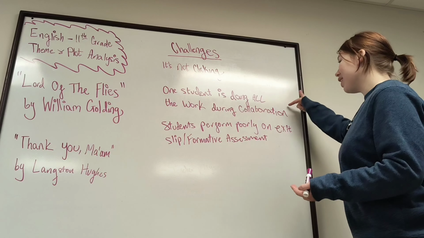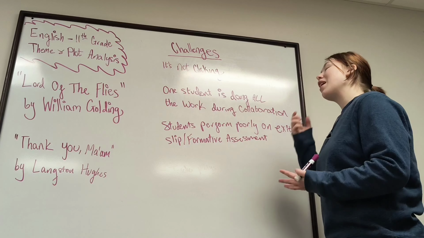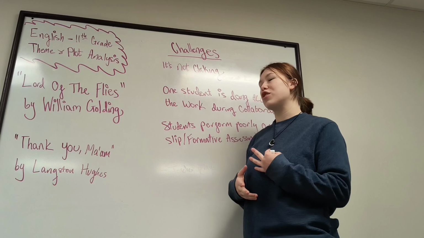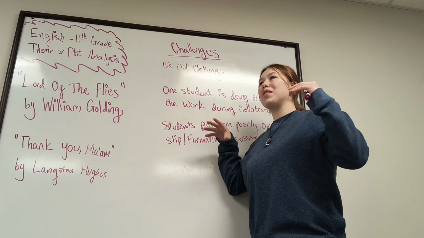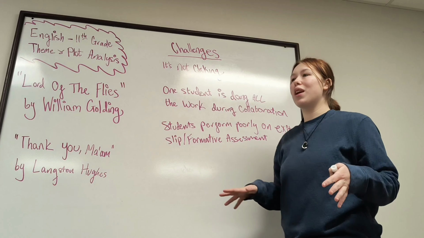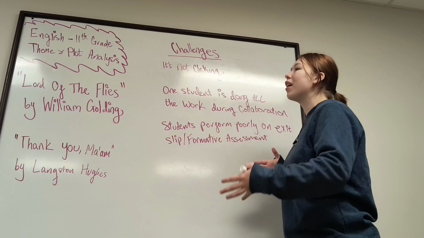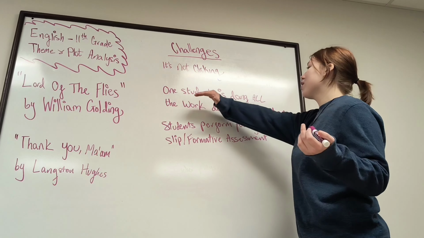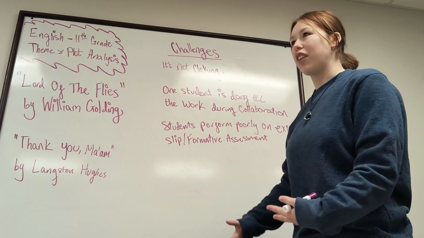Another thing, one student is doing all the work during collaboration. These are usually your more control freak GT students who like to sort of take over the project. And I understand being a perfectionist, but the point of this project is collaboration. So, of course, I would use prompting for both that student and the other students in the group saying, hey, you guys need to work together.